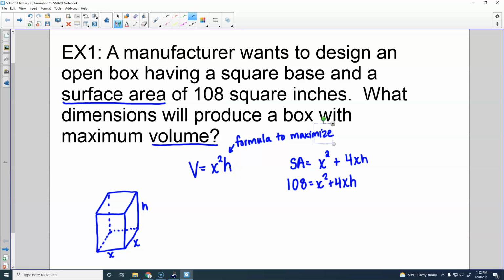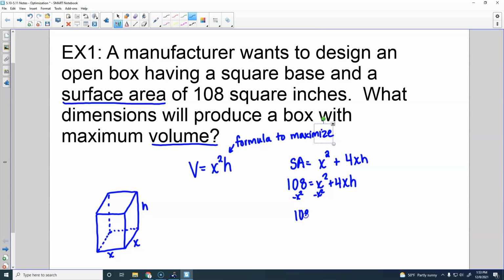So, in optimization problems, you're going to have two equations that you end up coming up with, and then you're going to have to substitute in, which I think I heard Chandler say back there. So, you could solve this equation for x or for h, but which one is easier to solve for? h. You're going to have to do some crazy completing the square stuff if you want to solve for x. So, if we solve for h, we just need to subtract that x squared.